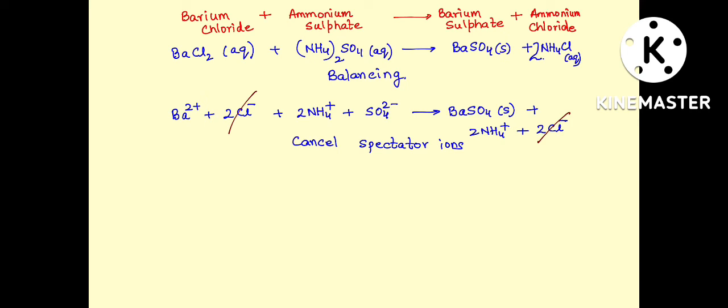What about the next one? 2 ammonium, 2 ammonium. Okay, let's cancel that out as well. What are we left with? So we've got Ba2 positive, which was in an aqueous solution earlier, and sulfate, which was in a soluble form, has got converted into barium sulfate, which is a solid insoluble form, which you get as a white precipitate.